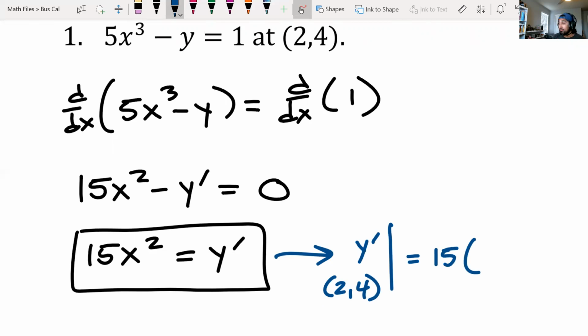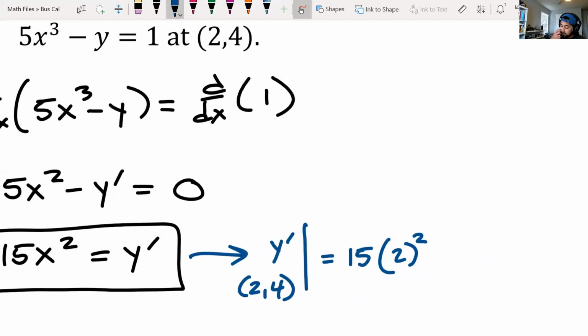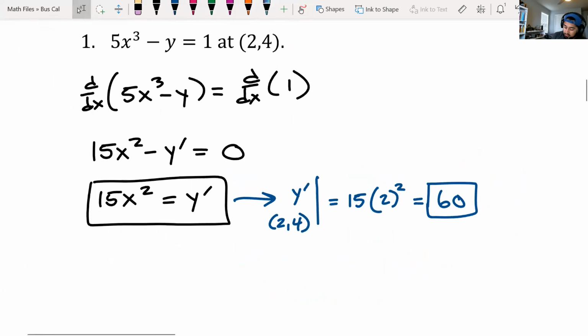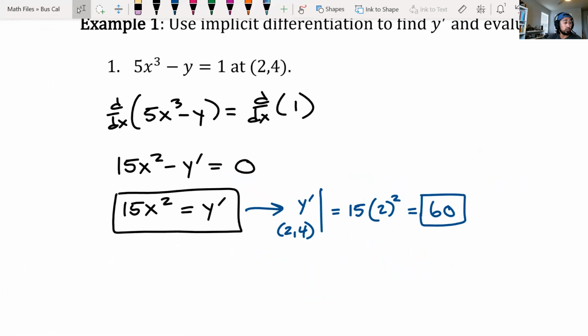There are no y values in this equation, only an x value. So you're going to get y prime equals 15 times 2 squared, and this will give me 15 times 4, or 60. And there you go. That is an implicit derivative.